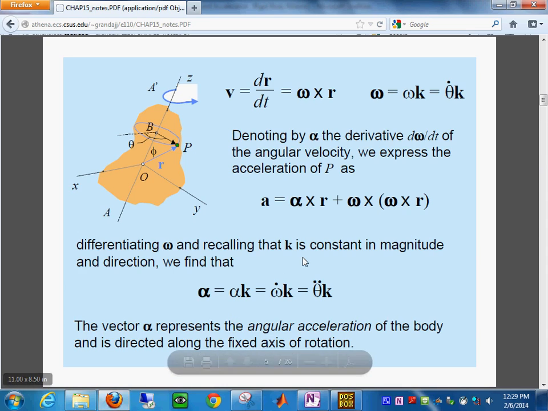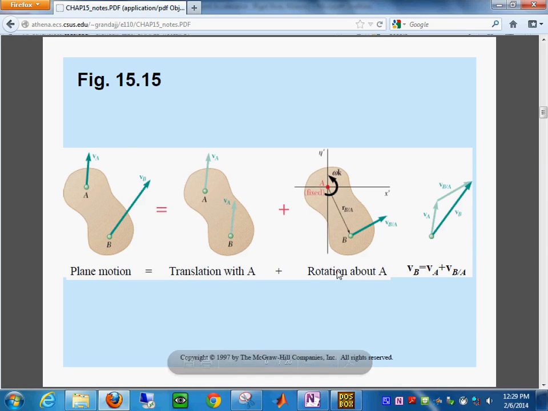Okay, let's go on with this. When you deal with plane motion, where the velocities of two points on a rigid body are not the same, then that motion is composed of a translation with one of the points plus a rotation about that point.